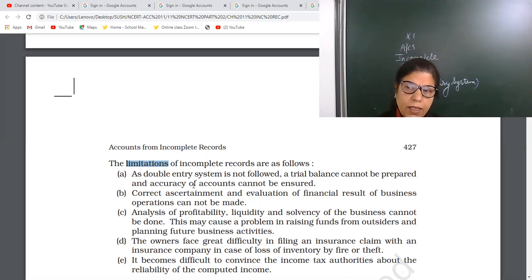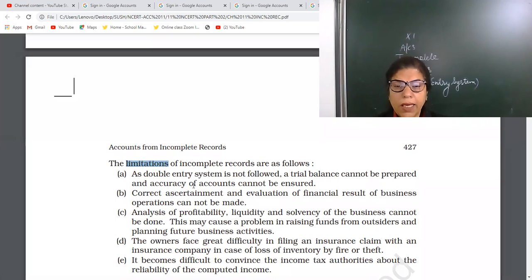As well as he will not know about the liquidity, availability of cash. Okay, then solvency. Solvency means ability to pay back the debts in long term. Okay, so solvency also can't be analyzed or ascertained.